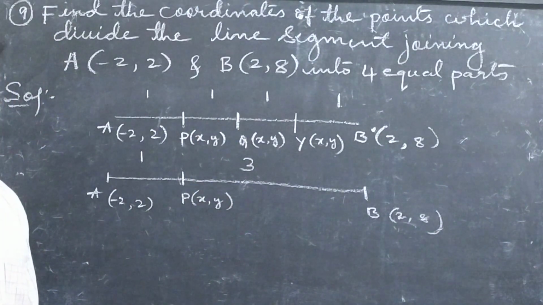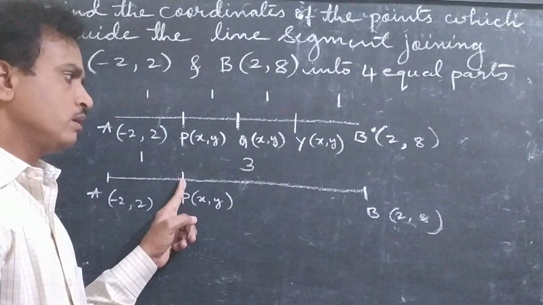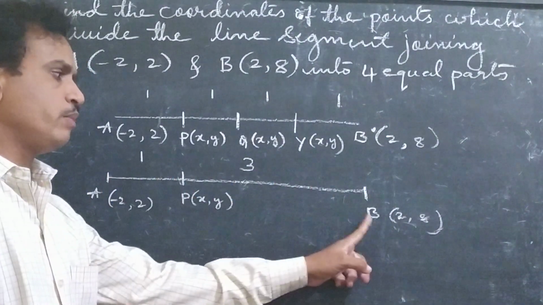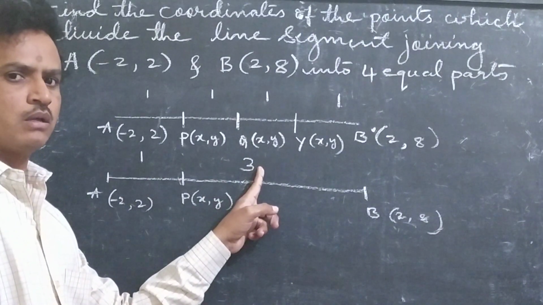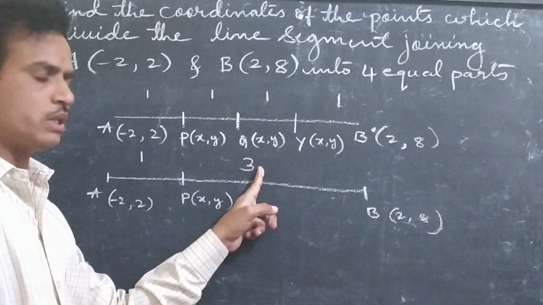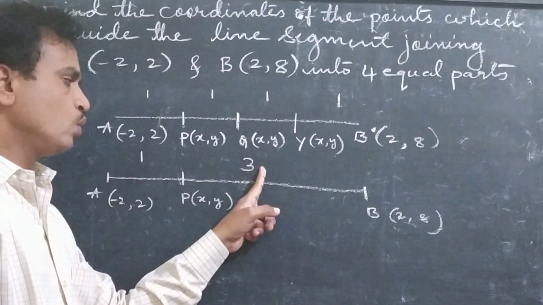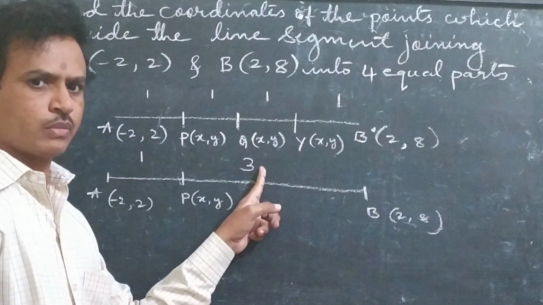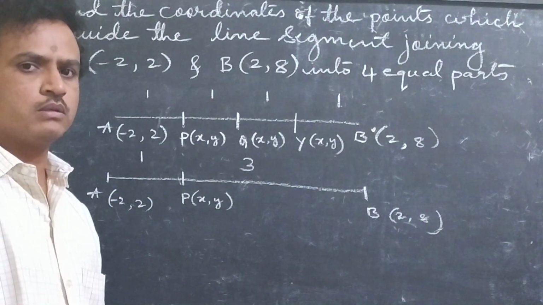That means point P divides the line segment AB in the ratio 1:3. So m1 is 1, m2 is 3.